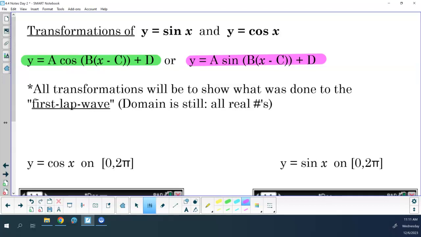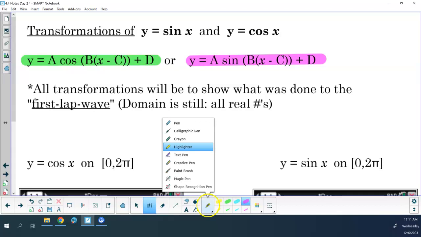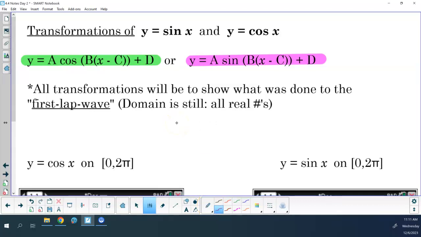And we're going to have all kinds of different things to go along with those things. So our A value, which we'll end up learning all about, is going to be our vertical stretch.